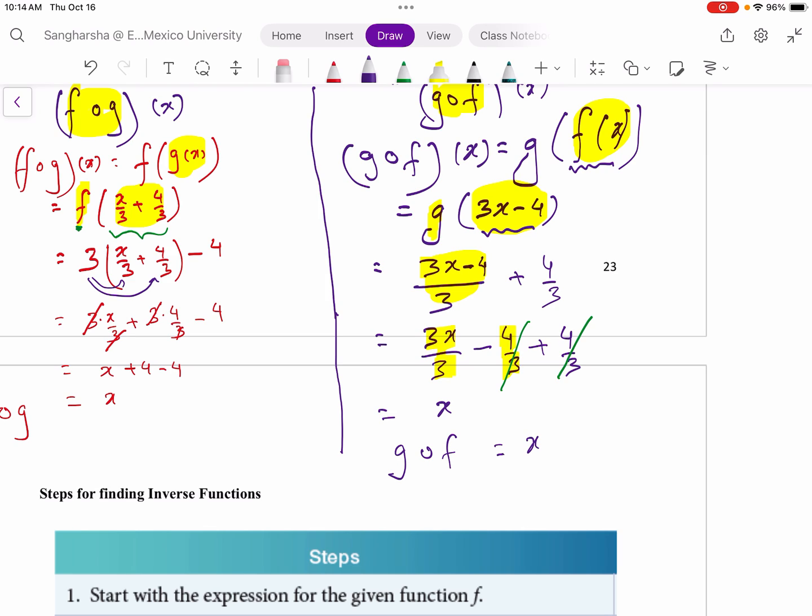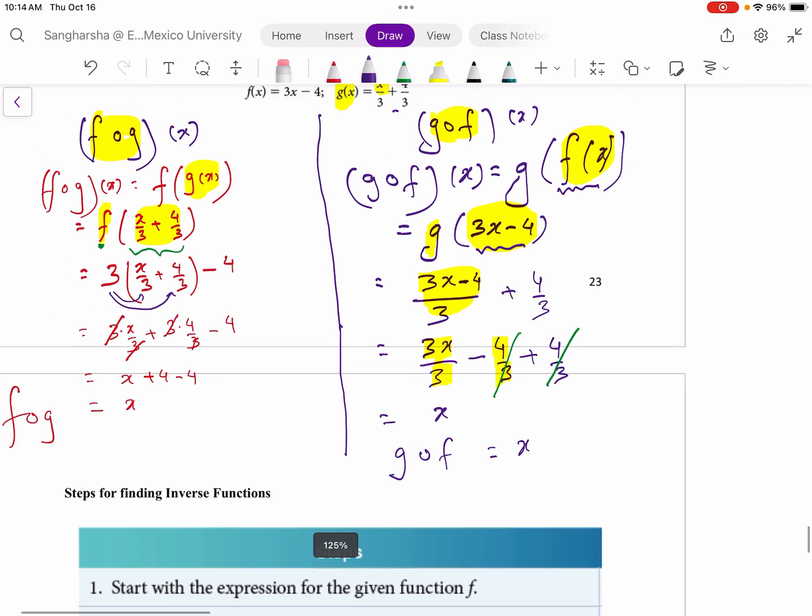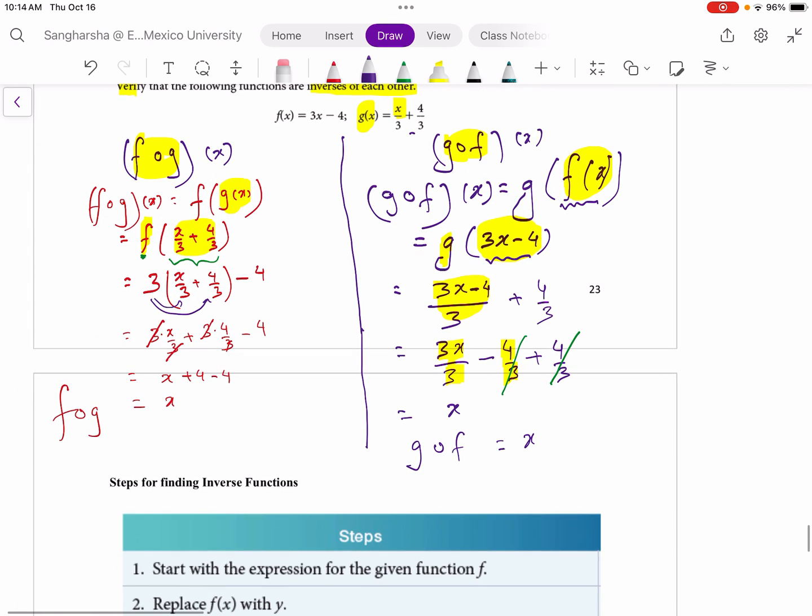G composite of F is x. Now what do we see in common in these two? Here F composite G is also x, and G composite F is also x.